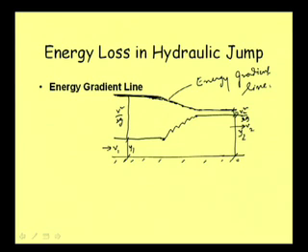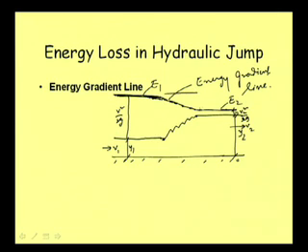Using this energy gradient line, now it is clear how much is the energy loss. This is our E1 level and this is our E2 level, and this is of course in the supercritical zone, and this is in the subcritical zone.